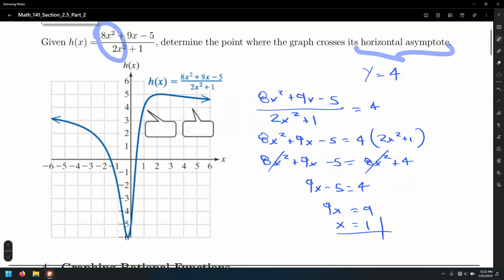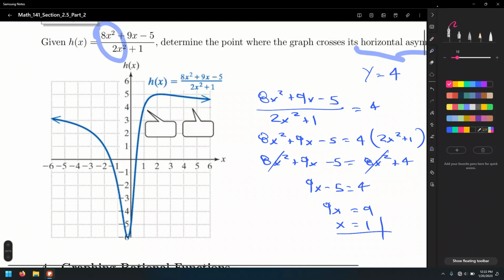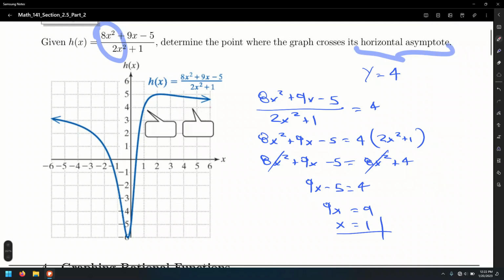How about we first draw that horizontal asymptote so we can get a better visual. The horizontal asymptote is y equals 4. We'll see how the end behavior here is to get closer to the asymptote from above, not from below. And we'll see this intersection point.